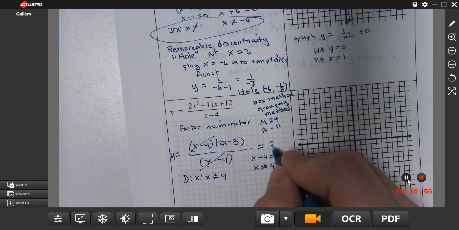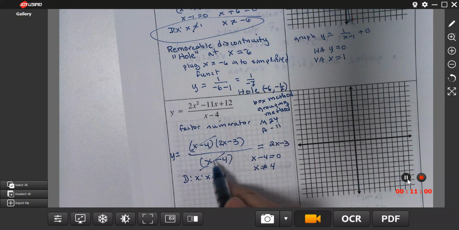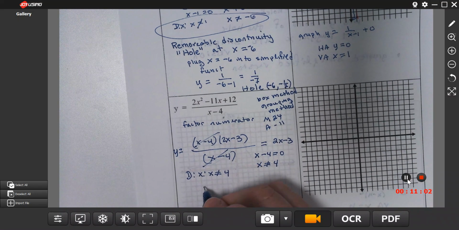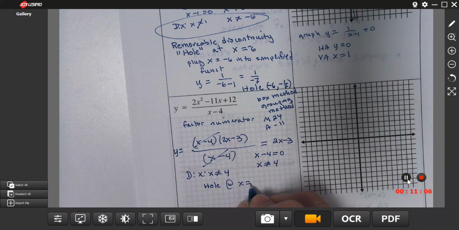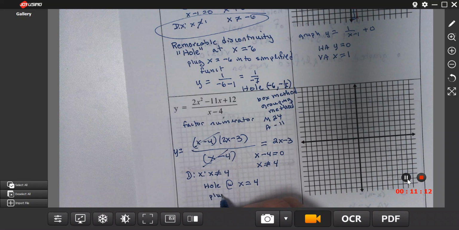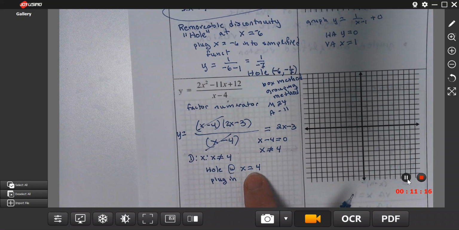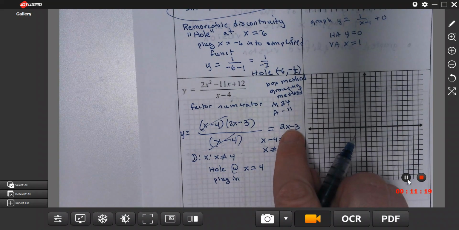So those divide and give me 1, and my whole thing simplifies to 2x minus 3. Since that factor canceled, I have a removable discontinuity, a hole, at x equals 4, because I set that factor equal to 0. So I plug in 4 into the simplified version to find the y-coordinate.